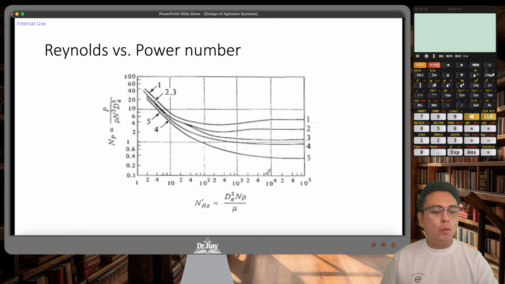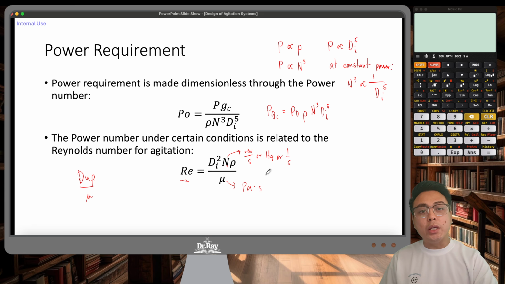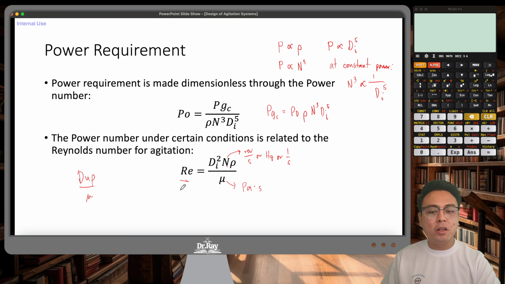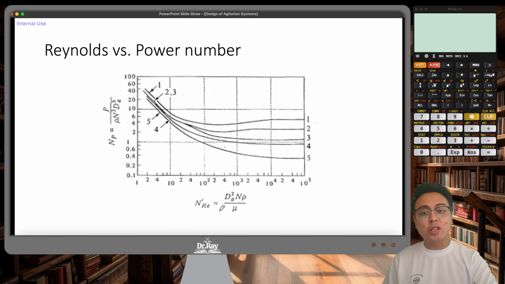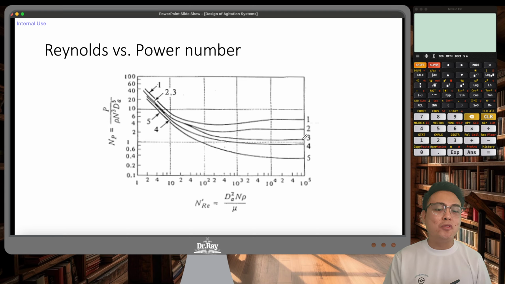Now, how do we relate the power number and the Reynolds number in order to determine the power consumption in stirring or in agitation? We have this graph. As you can see, the y-axis is the power number, the x-axis is the Reynolds number, and then we have 5 different curves. Each of these curves corresponds to a different blade design and a different baffle width to diameter ratio, which I will discuss later.